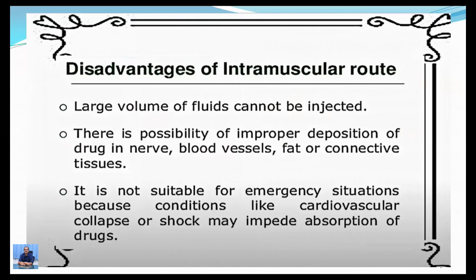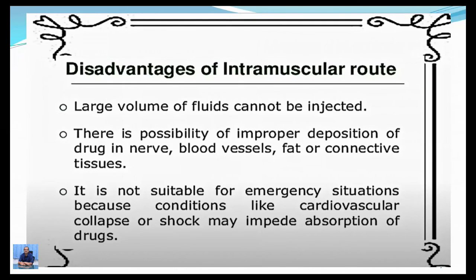For depot preparations, depot preparation means some of the drugs which are implanted below the skin and require long action. For example, progesterone is a depot preparation, and progesterone capsules or some preparations are administered inside the muscle, implanted.